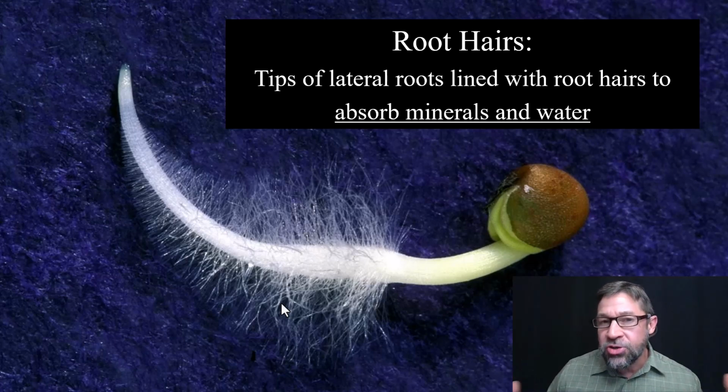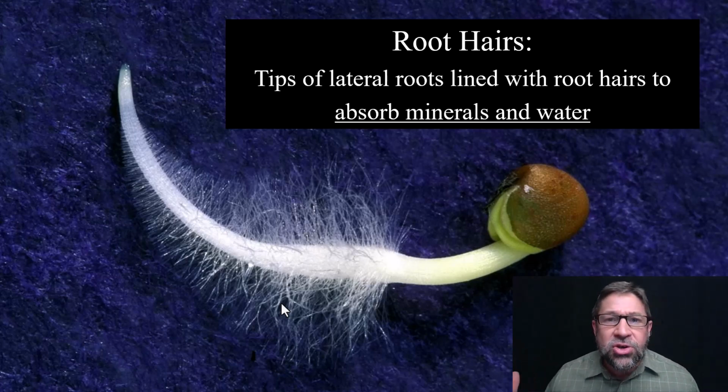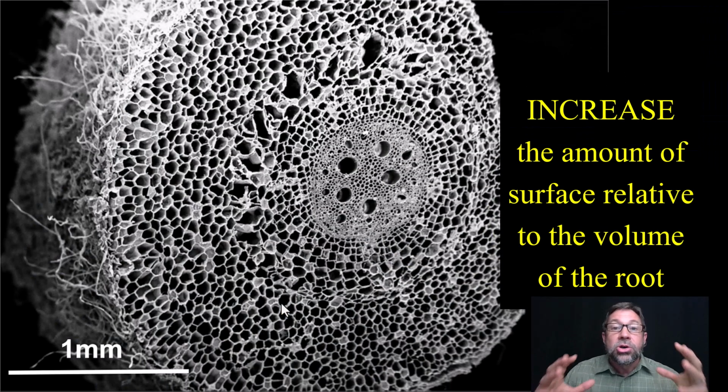If their primary function is the absorption of water and minerals, what would we expect the physical structure to look like? Very high surface area to volume ratios, facilitating the absorption of water and minerals. In other words, those tiny little hairs have lots of surface relative to their volume.